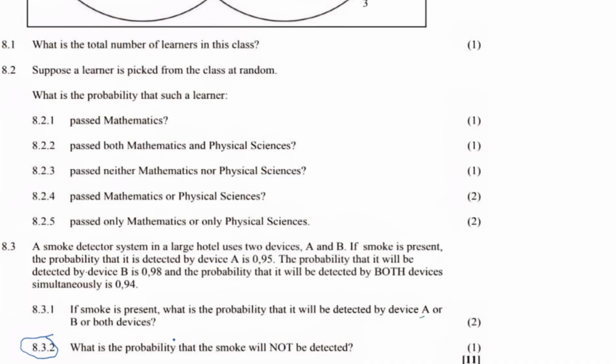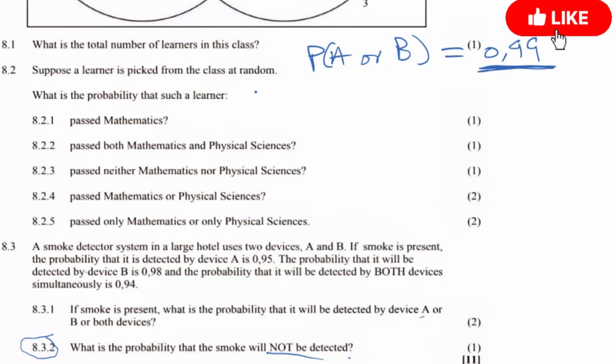8.3.2. What is the probability that the smoke will not be detected? First of all, we have calculated the probability of A or B, and the answer that we got is 0.99. Now we want to know the probability that the smoke will not be detected. We will use the complementary event.